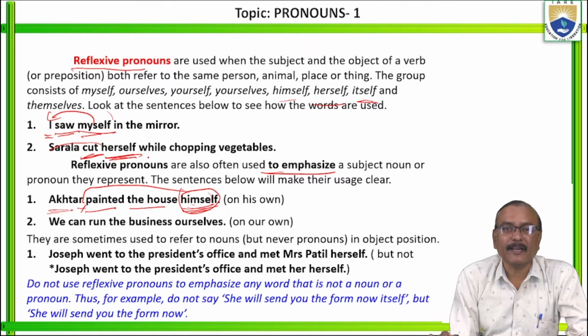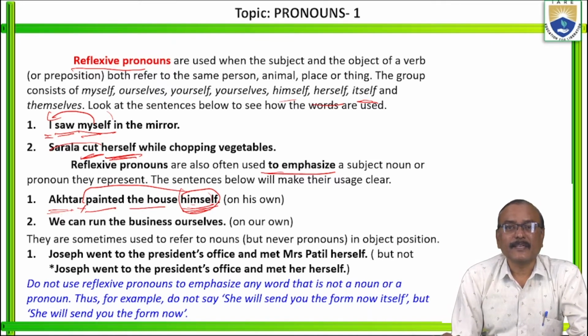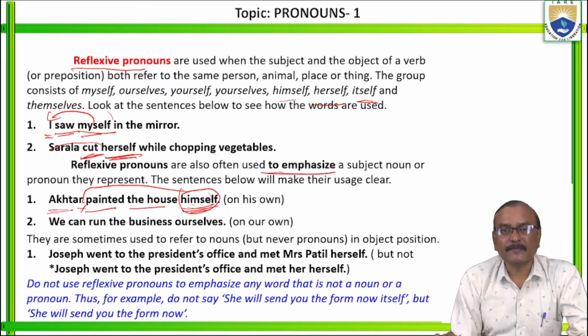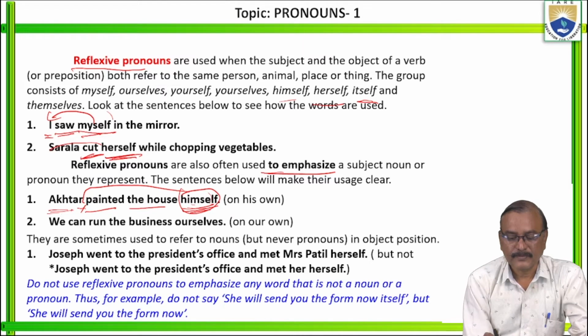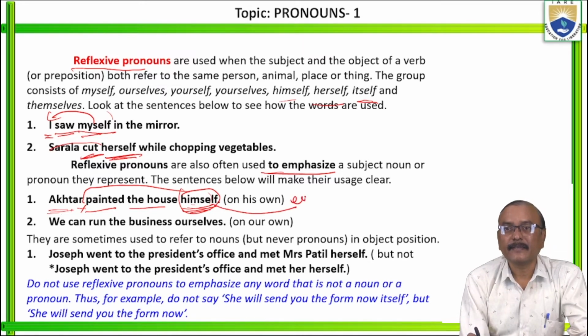We can also call it an emphatic pronoun instead of a reflexive pronoun. Is it clear? This is called emphatic pronoun.